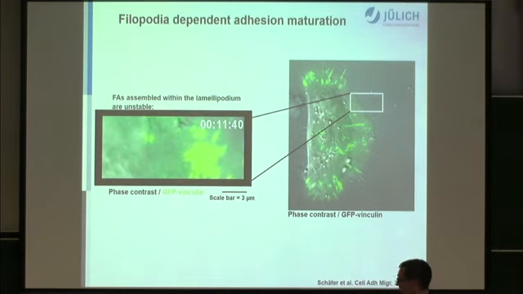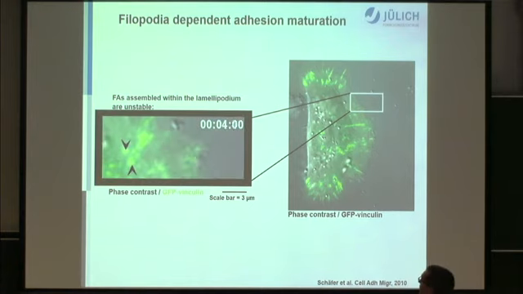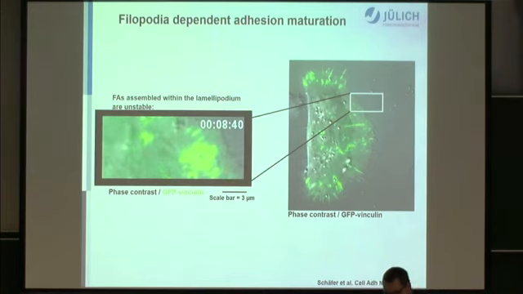And the strong signal you see here is again formed by a filopodium. See this here once again, indicating that for this cell type there's a clear correlation between filopodia and focal adhesions.